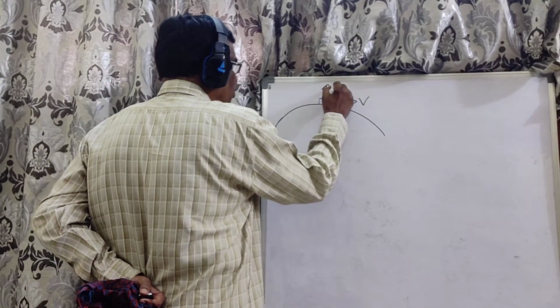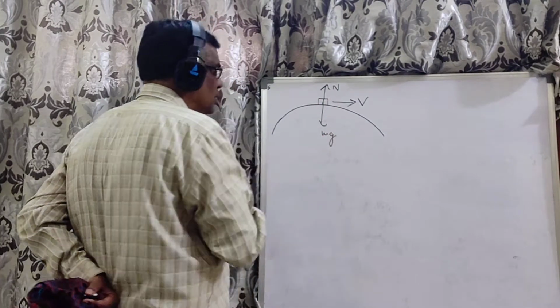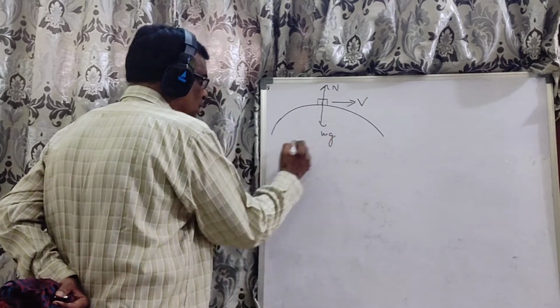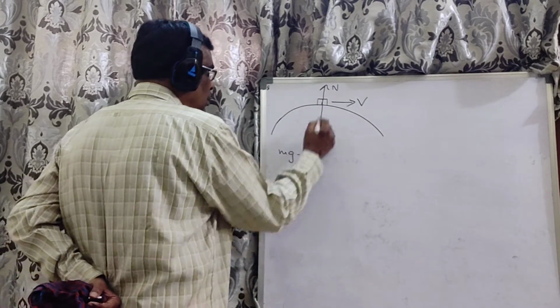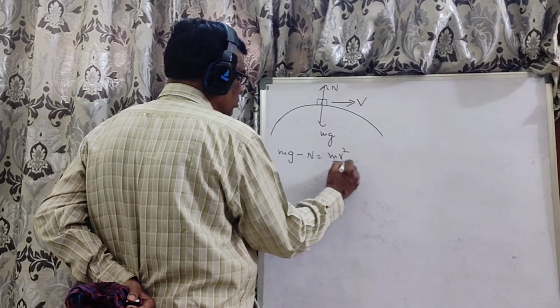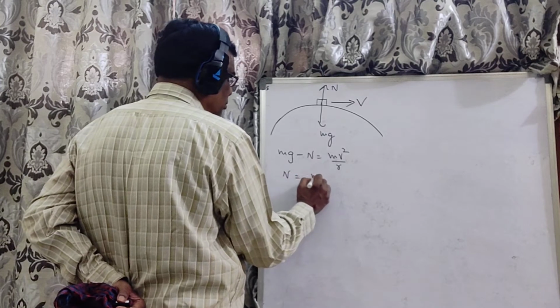So the normal force here is this, mg is like this. What is the centripetal force here? Towards the center mg, away from the center is N, or N is equal to.